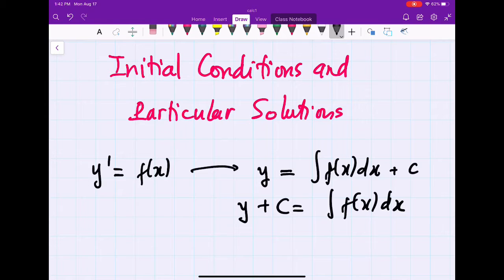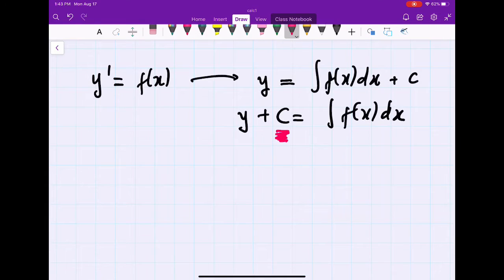Is that correct? Then we need to determine the c, because if you have a family, how to choose a good function? Does that make sense? So we need some condition to determine the c. Suppose you have the graph of the function y like this.